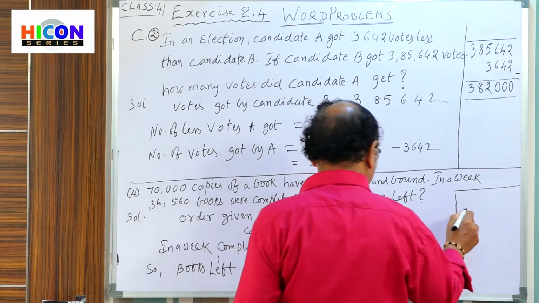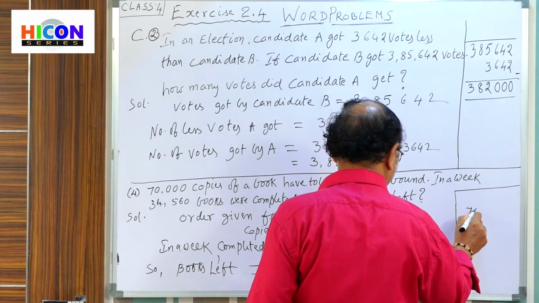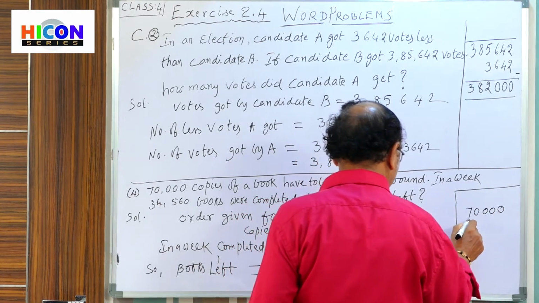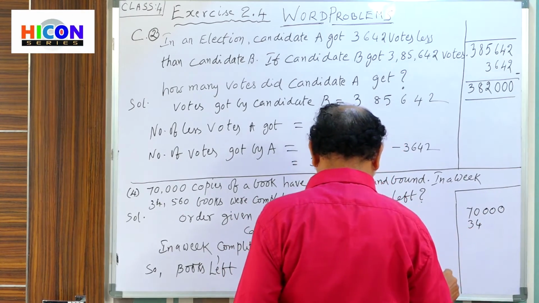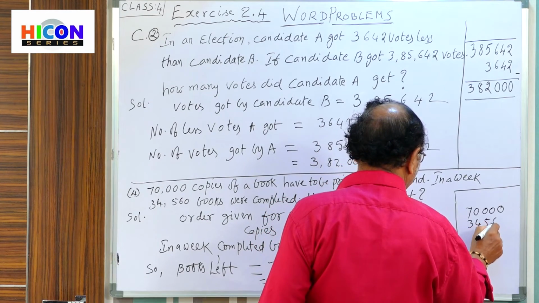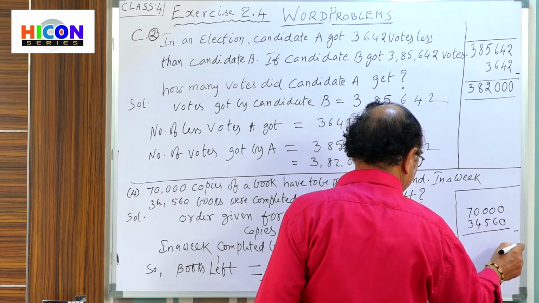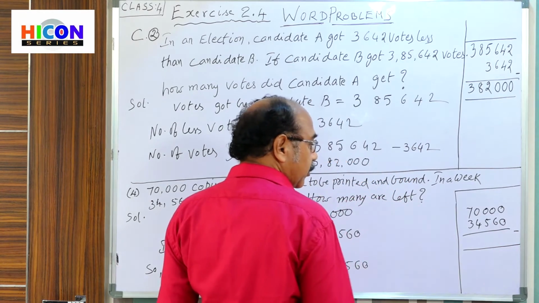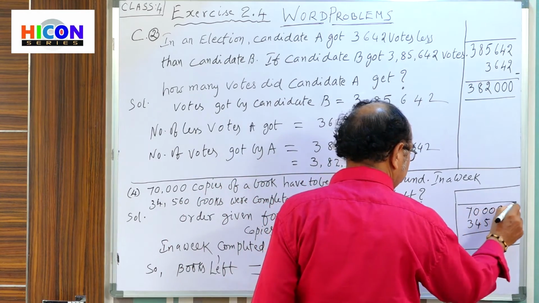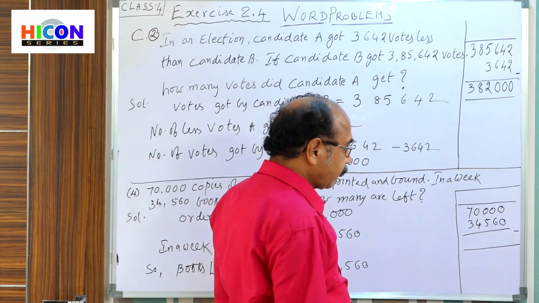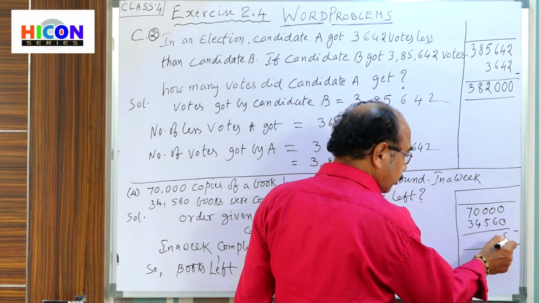Subtraction. 70,000 minus 34,560. Then, here 0 minus 0, 0.